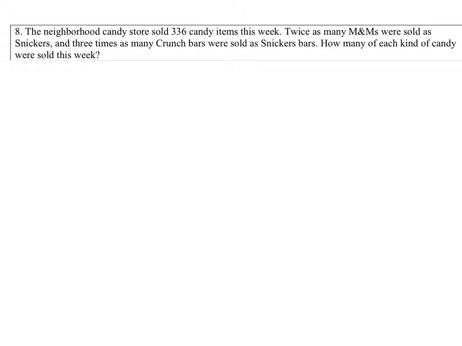The neighborhood candy store sold 336 candy items this week. Twice as many M&Ms were sold as Snickers. So we know we got M&Ms right here. Then we got Snickers as well. And then 3 times as many Crunch bars as Snickers.